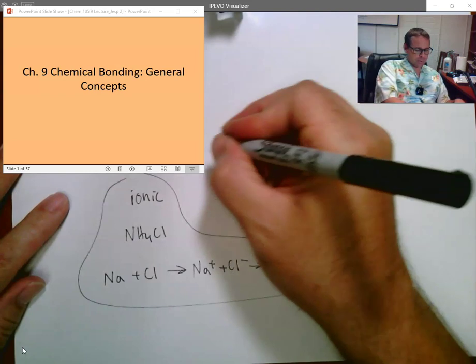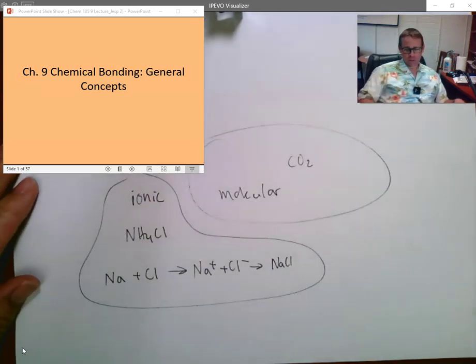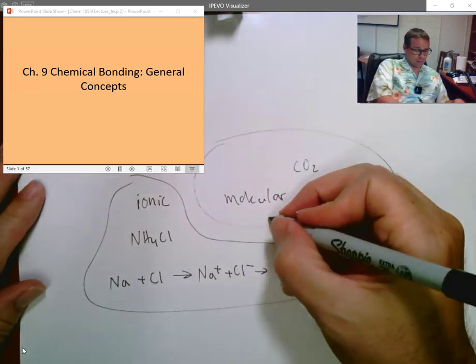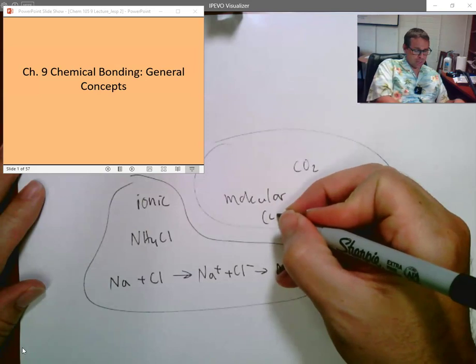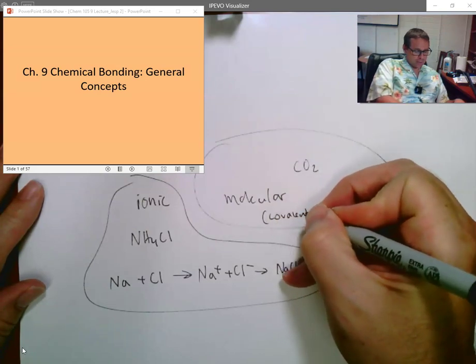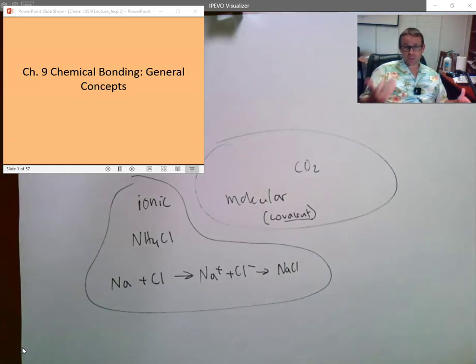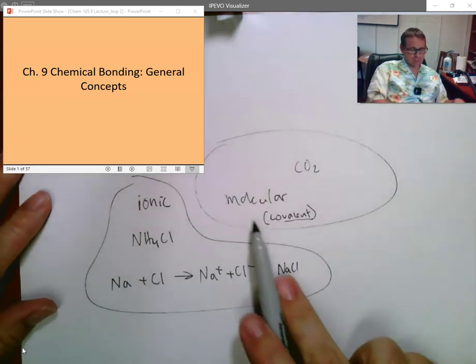Molecular compounds, we really haven't talked a lot about what's going on there. We have mentioned that there's a sharing of electrons, and that's why another word for a molecular compound is a covalent compound, meaning that in terms of their valency, their need for electrons, they're the same.